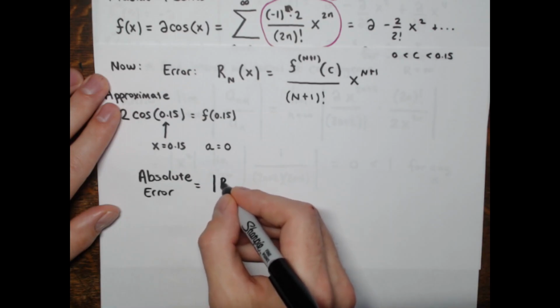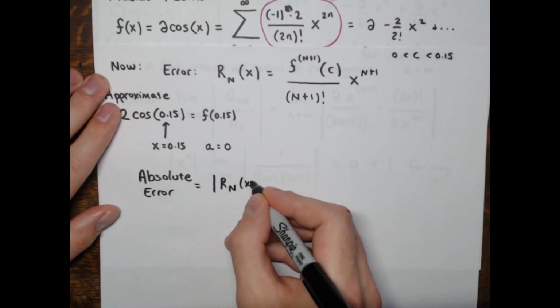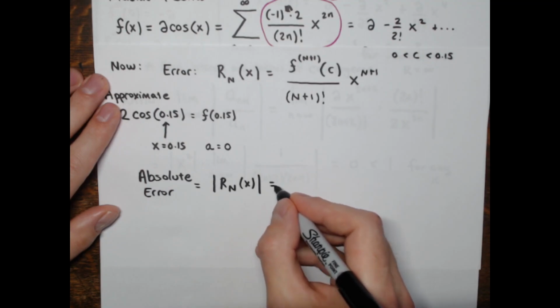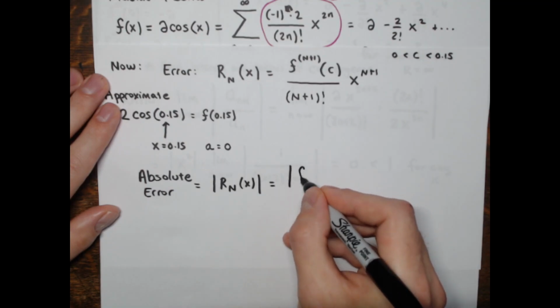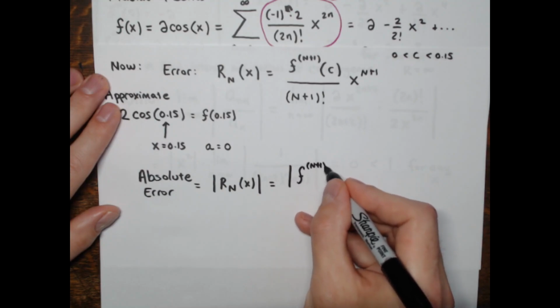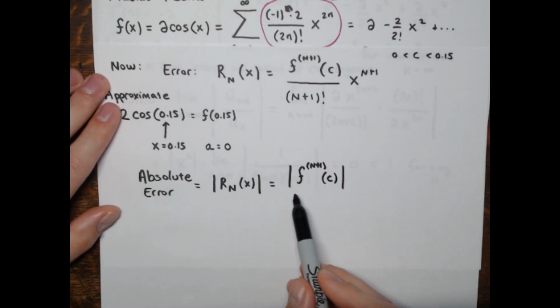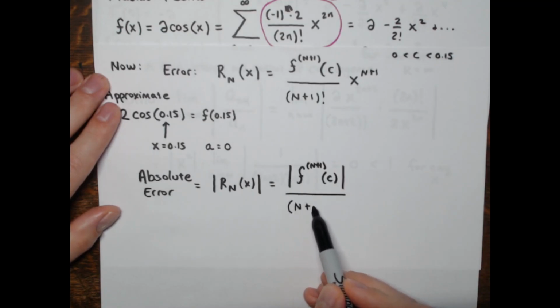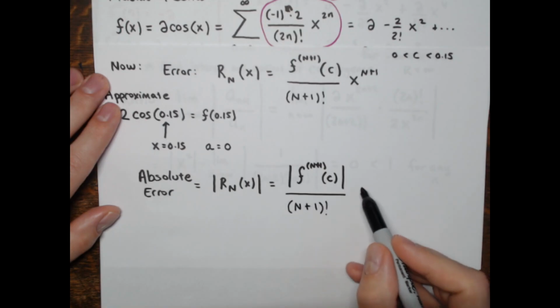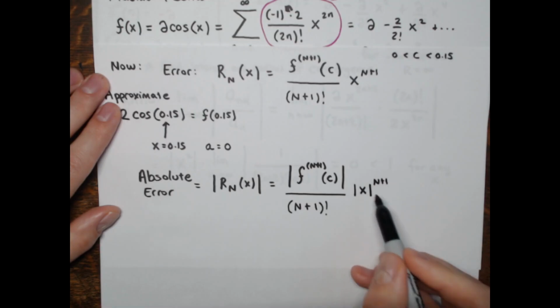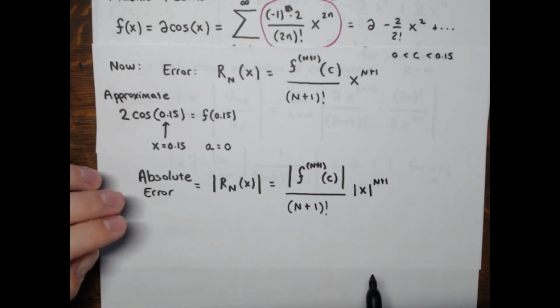That's the absolute value of this r sub n of x, which is the absolute value of this n plus first derivative at some value c between 0 and 0.15, divided by capital N plus 1 factorial, and then times the absolute value of x to the capital N plus 1. Again, we're going to replace x with 0.15 in a minute.